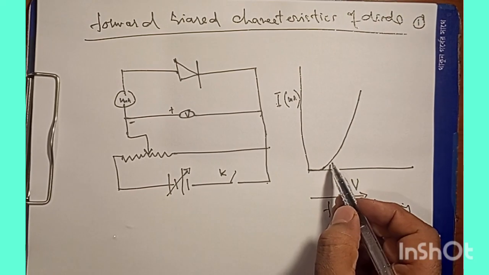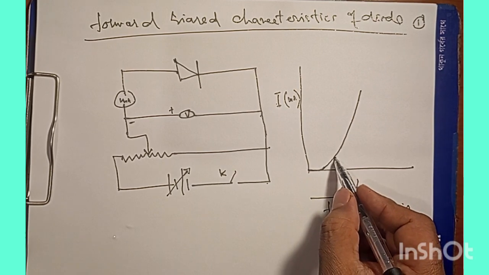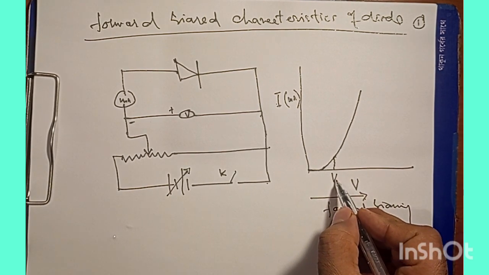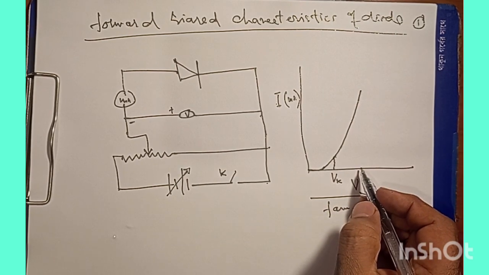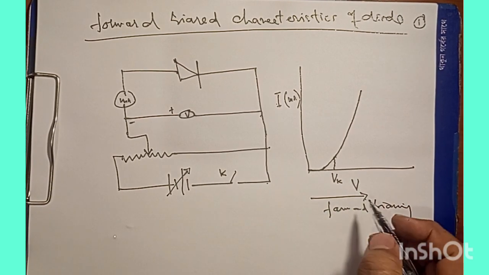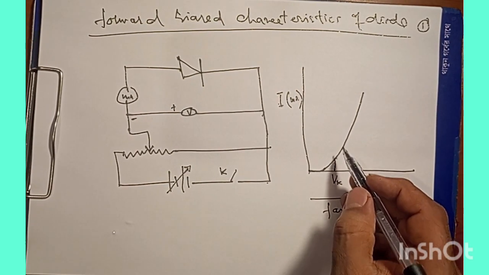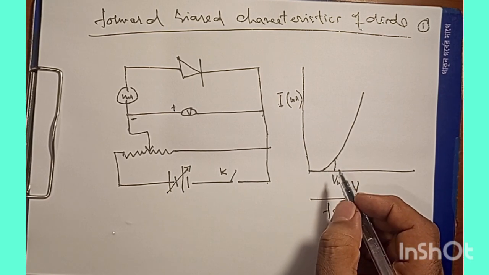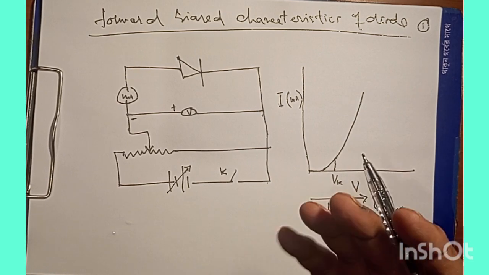Now the battery voltage at which the forward current starts increasing rapidly, let us have it here. This voltage is the knee voltage. We call this voltage the knee voltage, or threshold voltage, at which the current in the PN junction starts increasing exponentially.